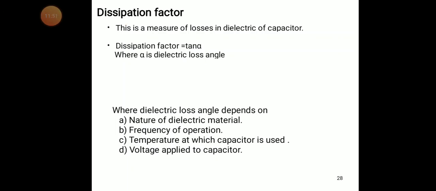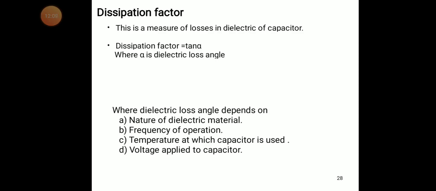So once again, the dissipation factor is a measure of the losses in the dielectric of a capacitor. This measure of losses is given by the dissipation factor, tan alpha.